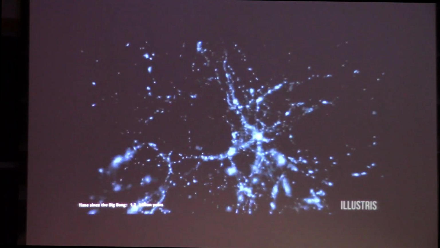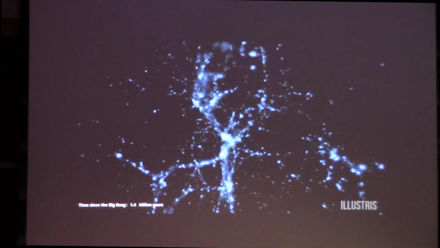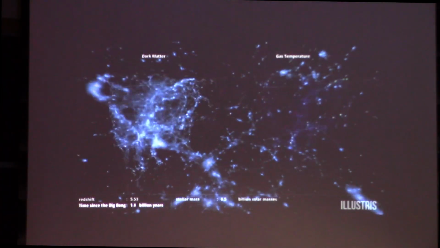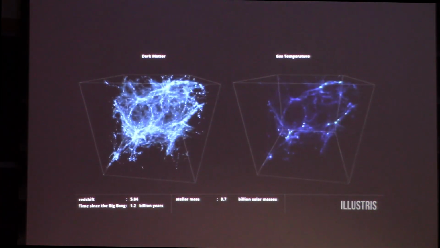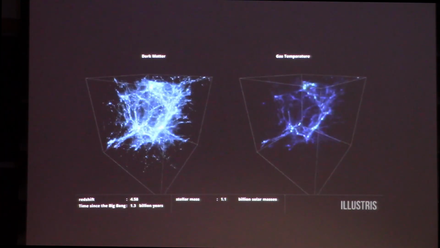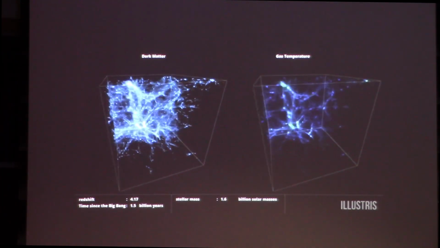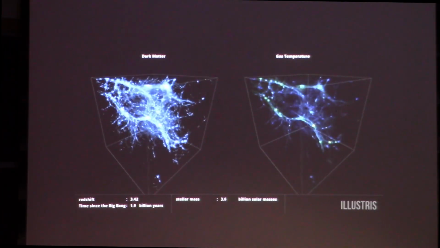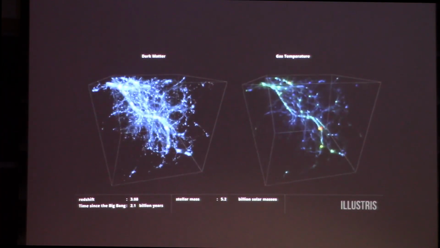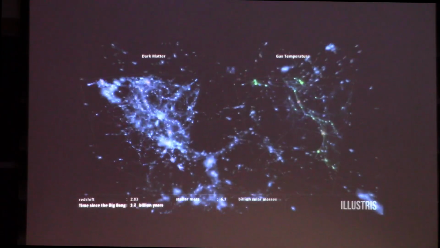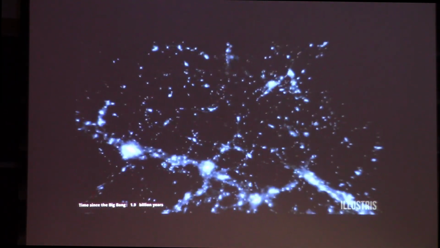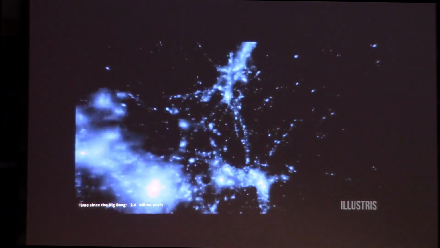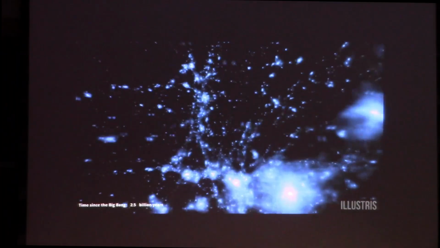Not everything is known, including the nature of a dominant substance known as dark matter. On the left, you can see how gravity draws dark matter into filaments, like a spider's web. On the right, gas heats up as it falls into a series of deepening gravitational webs carved out by dark matter. Within the volume, tens of thousands of galaxies take shape, mainly within the filaments of dark matter.